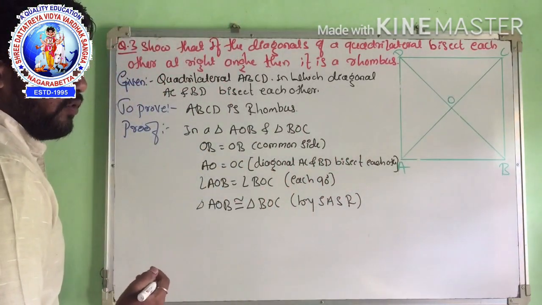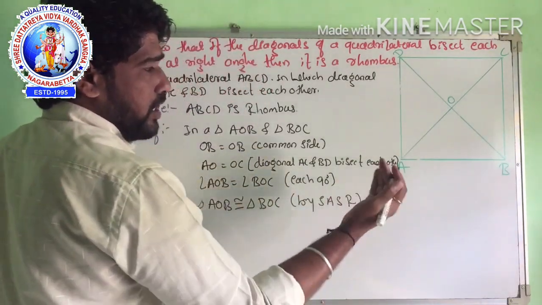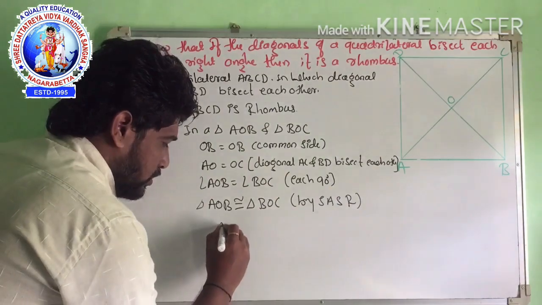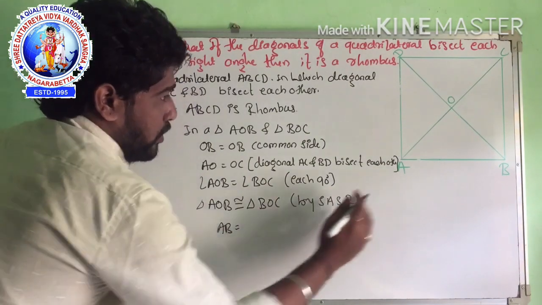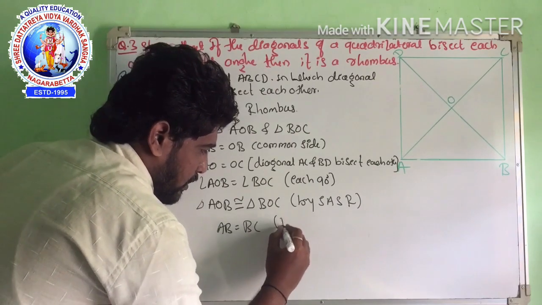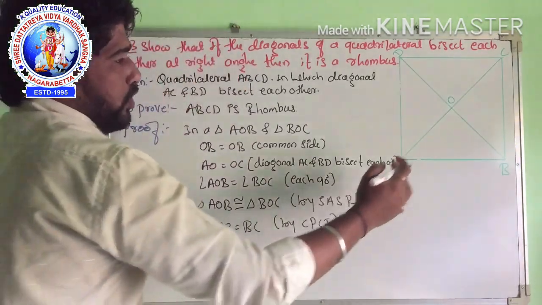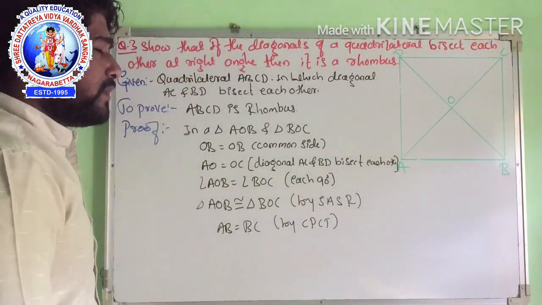These two triangles are congruent, so their corresponding parts are equal. So AB is equal to BC by CPCT, corresponding parts of congruent triangles.